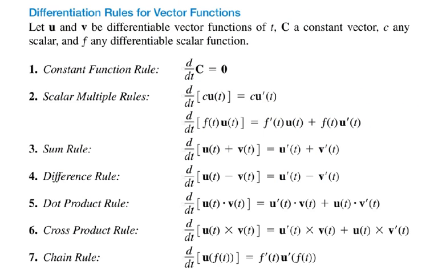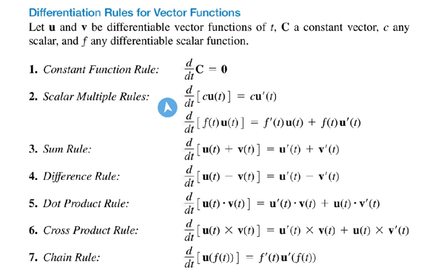And to round out this video, we're just going to talk about some differentiation rules for vector functions. So just like we have constant rule, scalar multiple rule, sum and difference rule for regular differentiation, we also have differentiation rules for vector functions. The derivative of a constant vector is the zero vector.